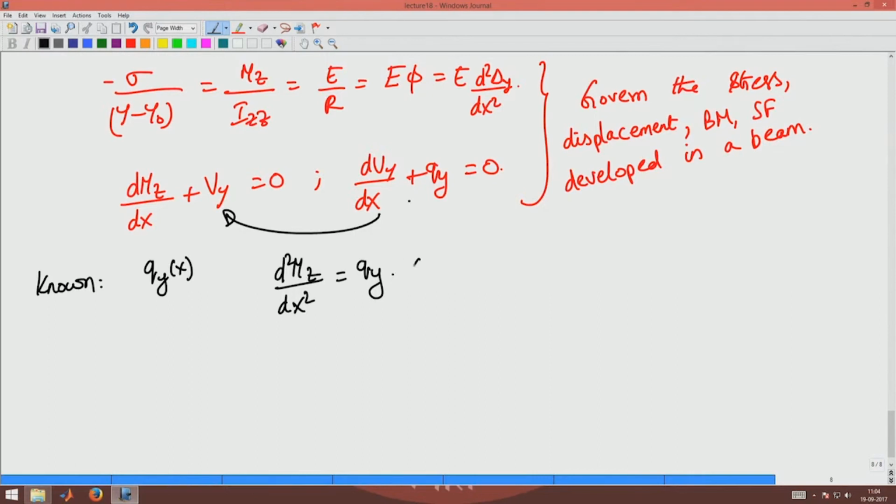You integrate this to get Mz of x, along with boundary conditions.